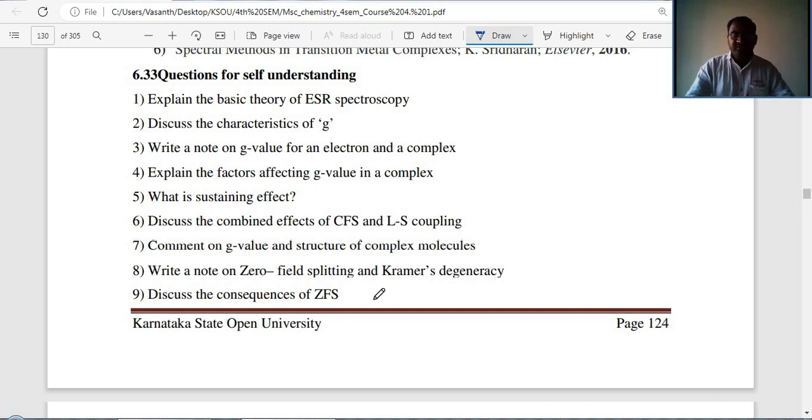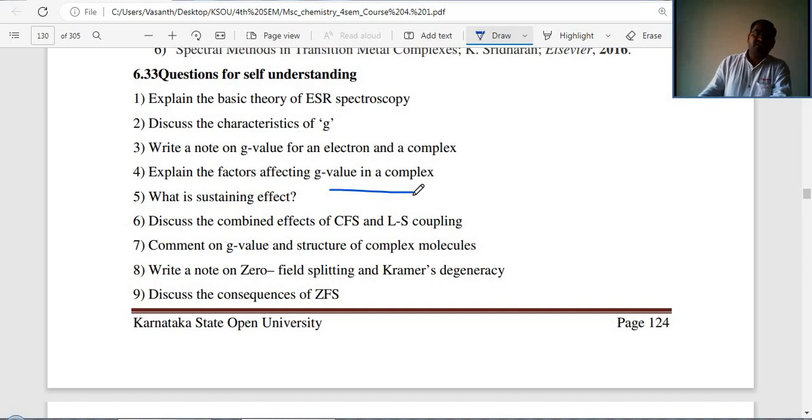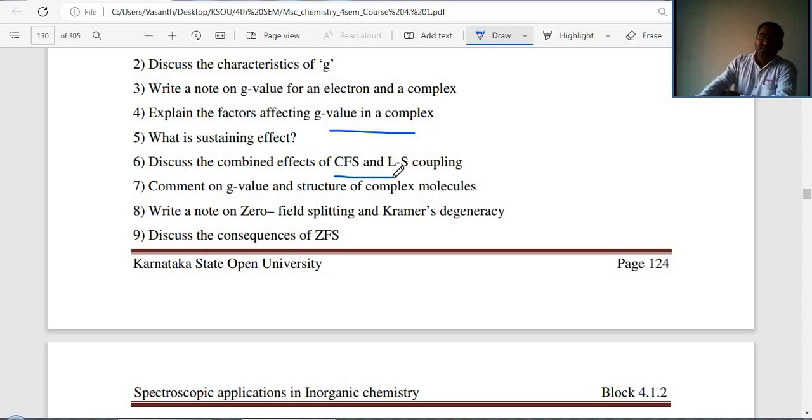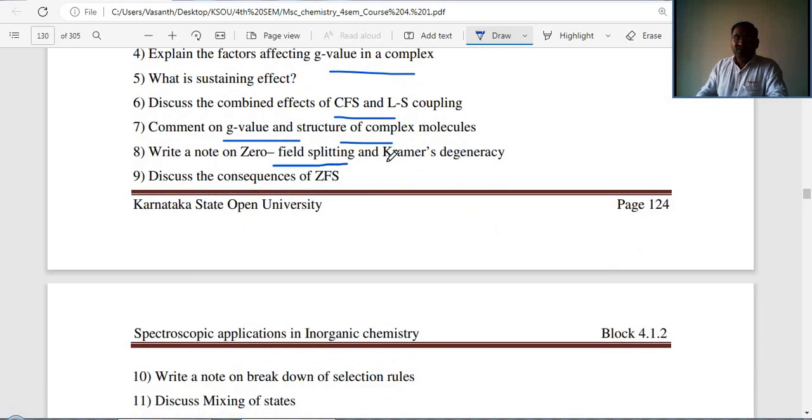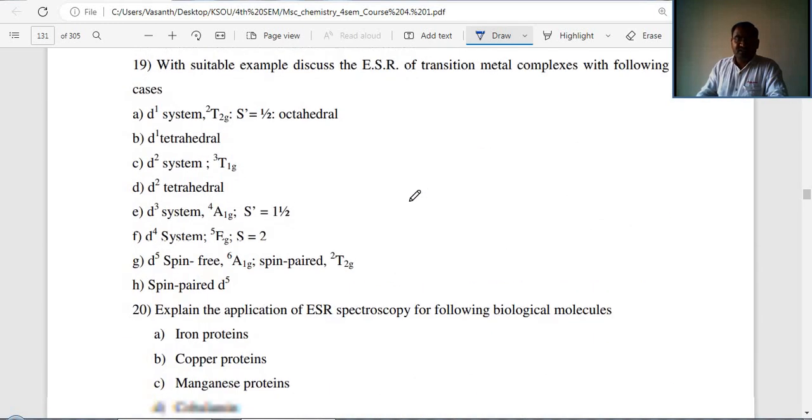Explain the basic theory of EPR spectroscopy, characteristics of g, write a note on g values for an electron and a complex, factors affecting g value in a complex, combined effect of crystal field splitting and LS coupling, g value and structure of complex molecule, zero field splitting and Kramers degeneracy. These are all important things.